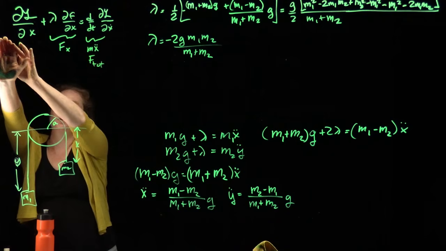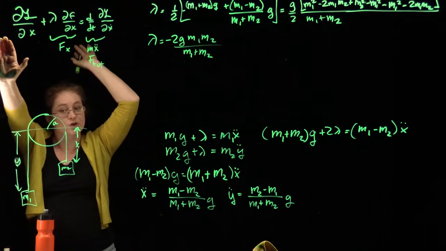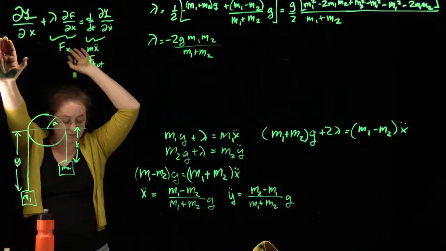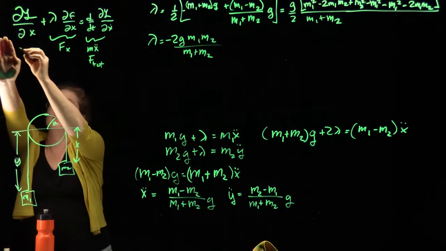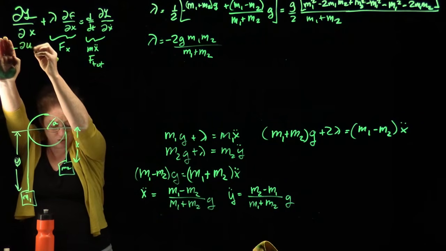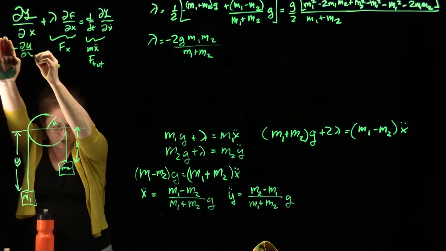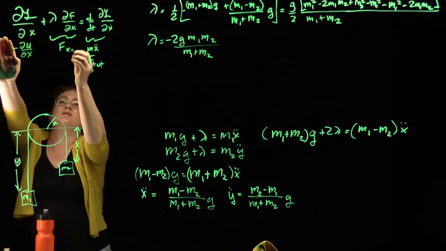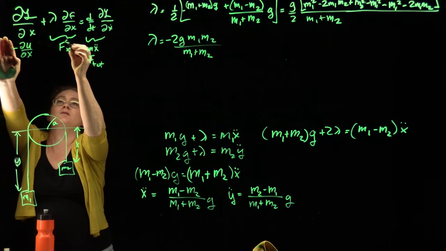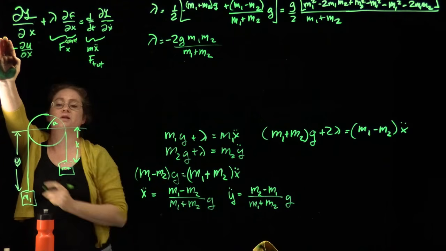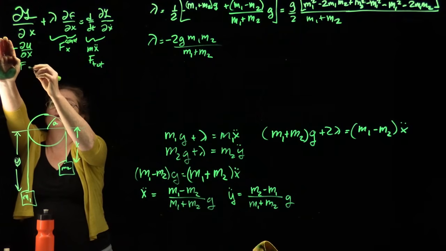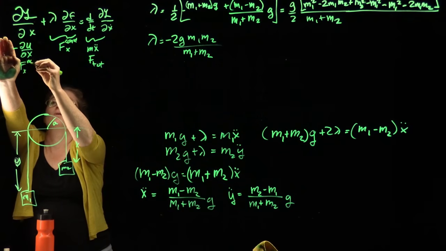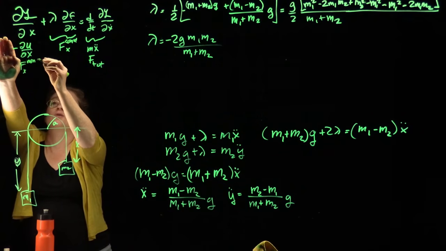Typically there's no velocity dependence in the potential and no position dependence in the kinetic energy, so this is just negative partial u partial x. And this is the force from the constraint, and this is the force other than the constraint.